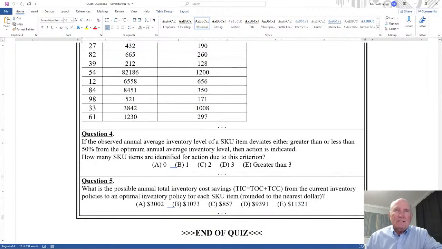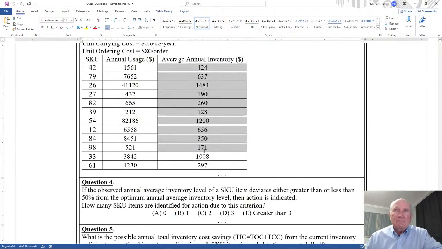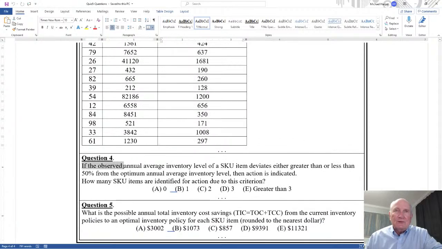Question 4 says, if the observed annual average inventory, which is right here, that's the observed annual inventory, if the observed annual average inventory level of a SKU item deviates either greater than or less than 50% from the optimal annual average inventory level, then action is indicated.